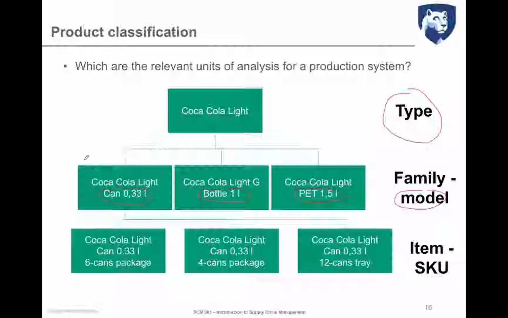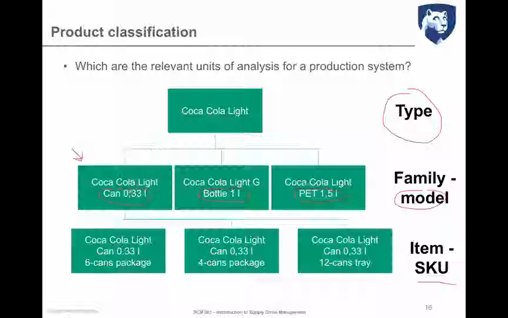Then, if we consider just one model, Coca-Cola Light can 0.33 liter, we can see that there are different items or SKU, stock keeping units, that Coca-Cola uses and which become units in the supply chain.